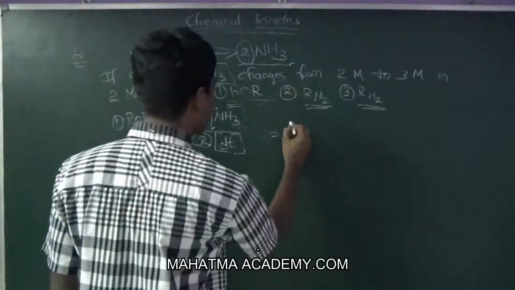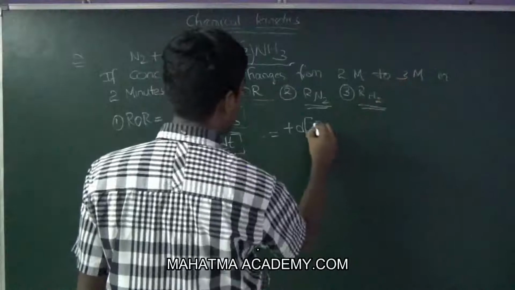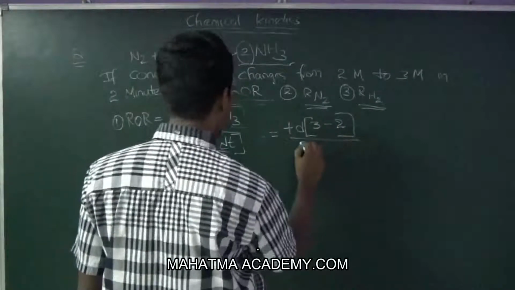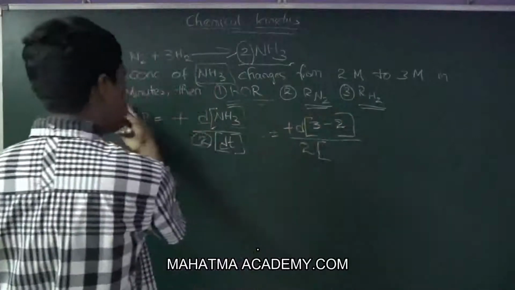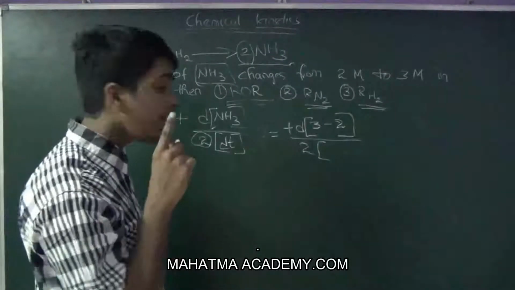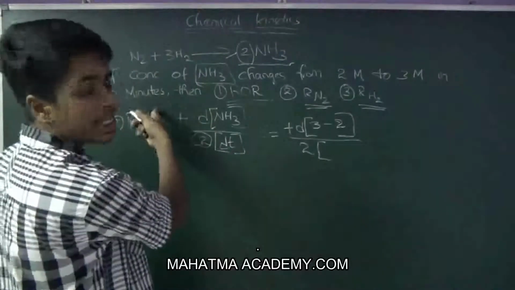Now it has become plus d into 3 minus 2 upon 2 into dt. The time is 2 minutes. Now we always take the time in seconds, so 2 into 60.